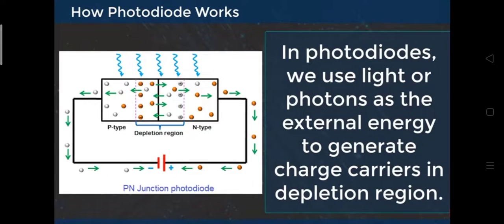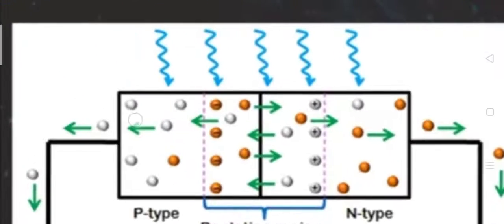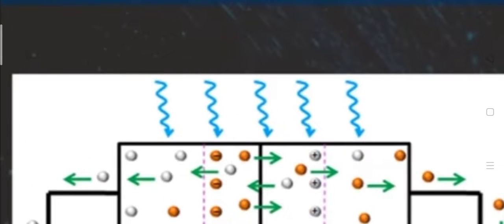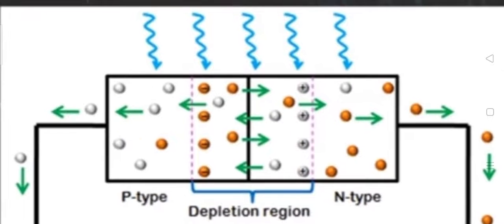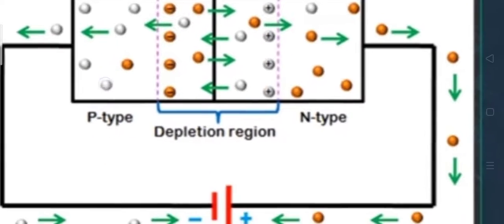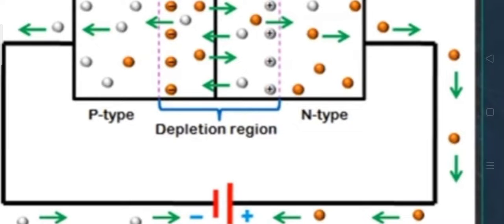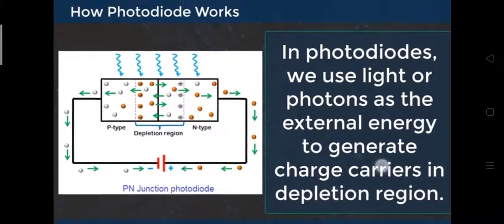What I am trying to say is, when light is applied to the depletion region of the photodiode, the electrons in the depletion region tend to move towards the p-type region, and the holes tend to move towards the n-type region. Then there will be a flow of electrons in the circuit.